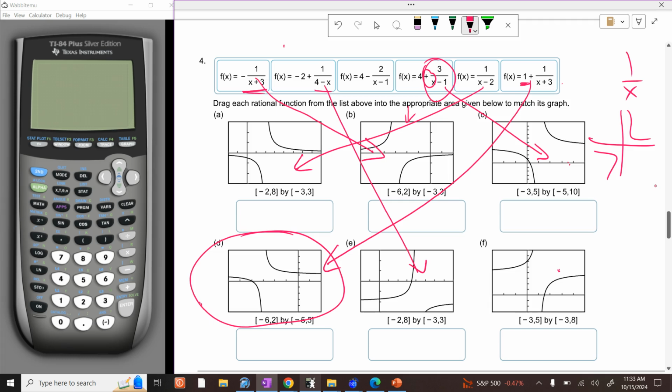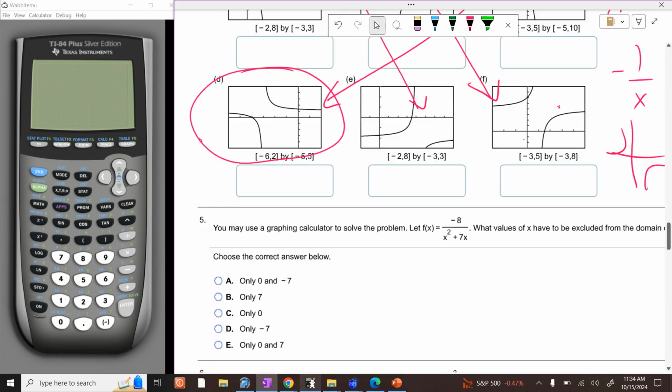So that's a positive. If it's -1 over x, it would look like this. And see how it's a negative in front of that one, which makes it look like that. Also, it has everything shifted up by 4 in that one, shifted up by 4 in this one. So it's just a positive and negative are the only differences there, basically.